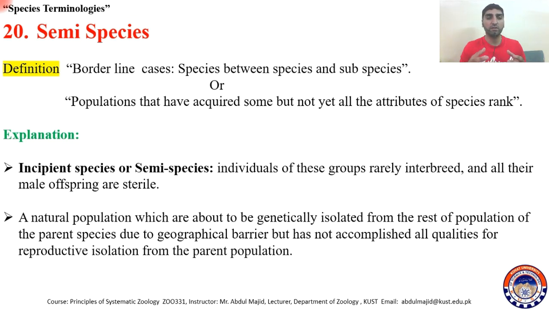Different characters will start accumulating in them because of the new environment or because of the needs. So these incipient or semi-species are those who are about to become reproductively isolated from the original population, but they have not yet accomplished all the qualities to become completely reproductively isolated from the parent population. Such species are known as semi-species.